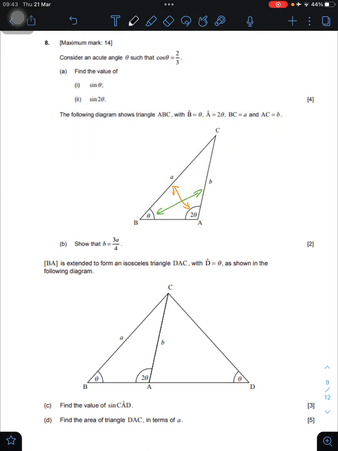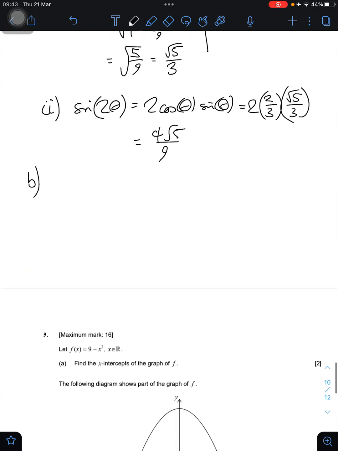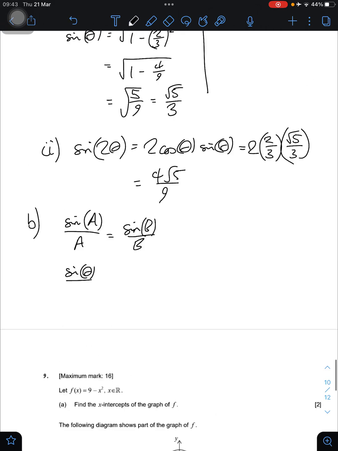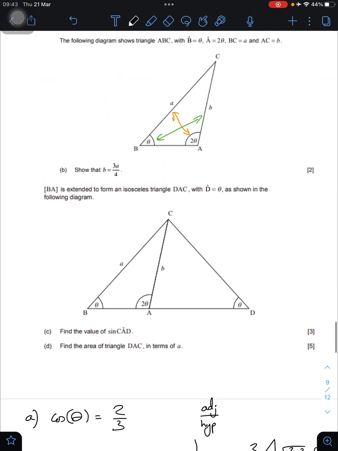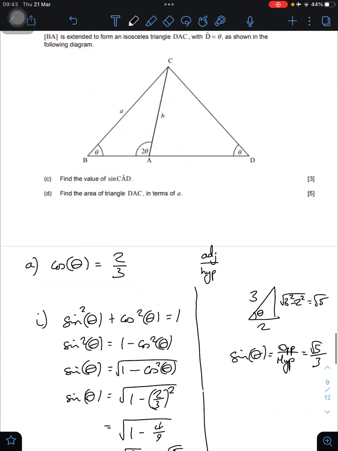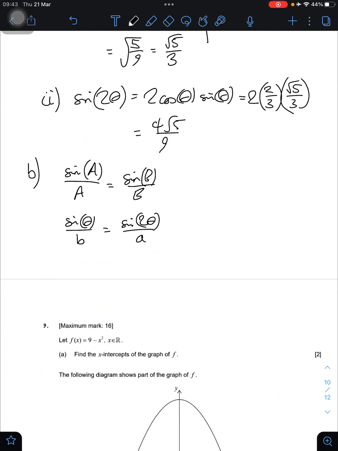And so our sine rule is that sine A over a equals sine B over b. Well, in our case here we've got sine theta over b equals sine 2 theta over small a.